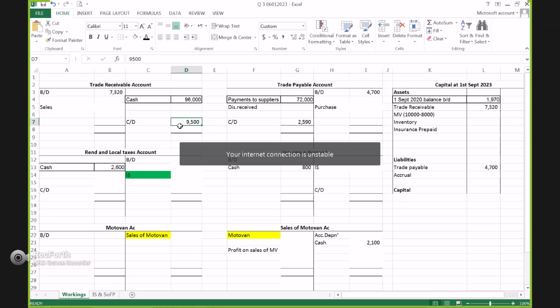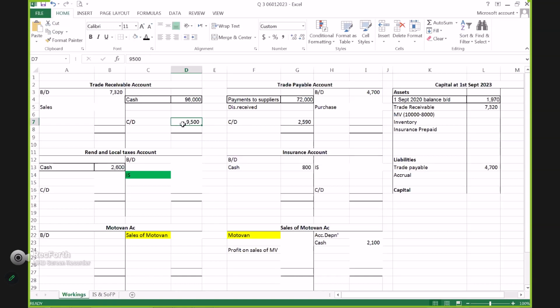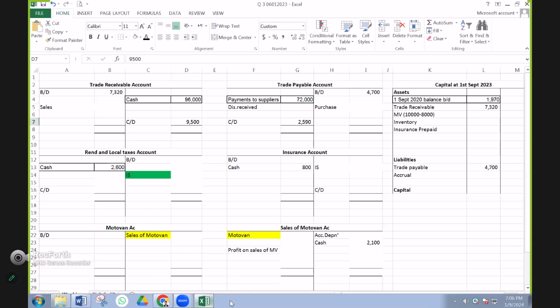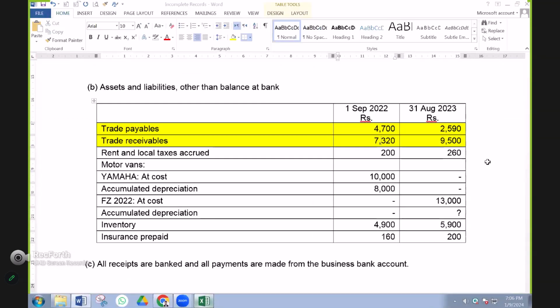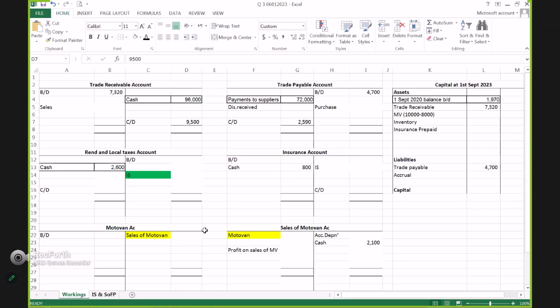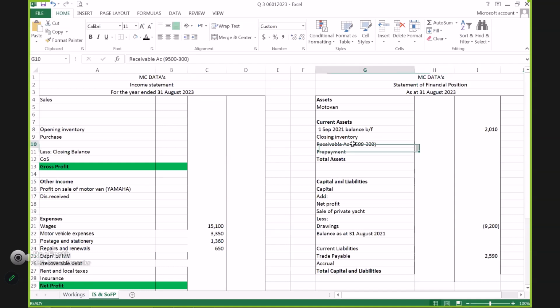So trade receivable, carry down balance 9,500 and also the statement of financial position, closing balance 9,500. Here there are some adjustments. Therefore, I have put 9,500 in the bracket.